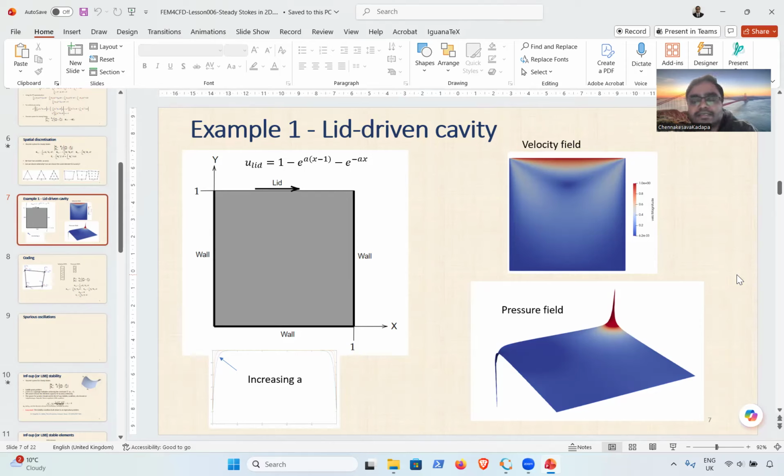And another thing is, it becomes difficult to maintain the code as the problems get more complicated. So in order to save the effort that we spend in writing the code, what we typically do is we create auxiliary functions for various aspects, various ingredients.